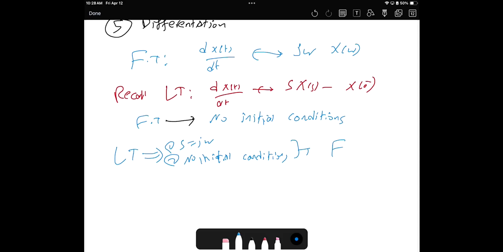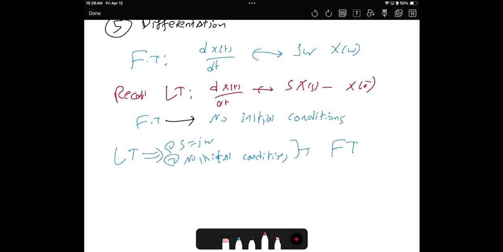This is the Fourier transform. So here are again the similarities between Fourier series, Fourier transform and Laplace transform. Okay, does this make sense?